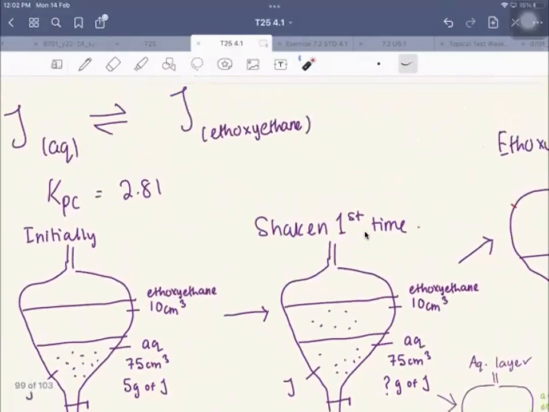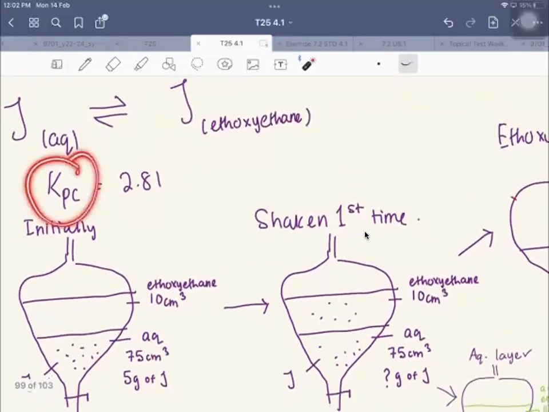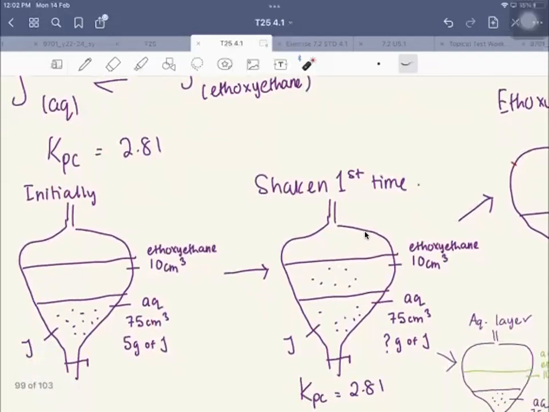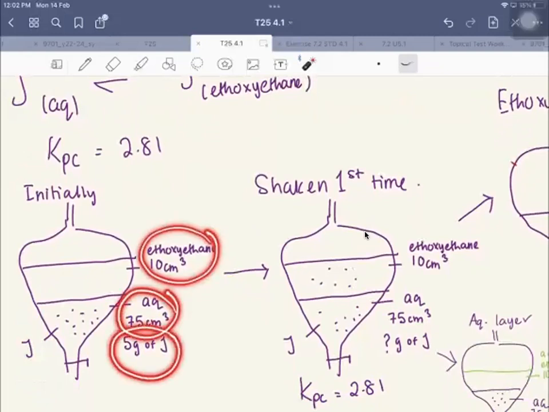Because the system is the same and the ratio of partitioning is constant, every time you mix ethoxyethane and aqueous with a certain amount of J, the ratio will always be 2.81.